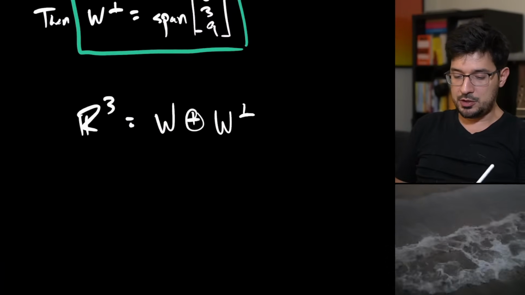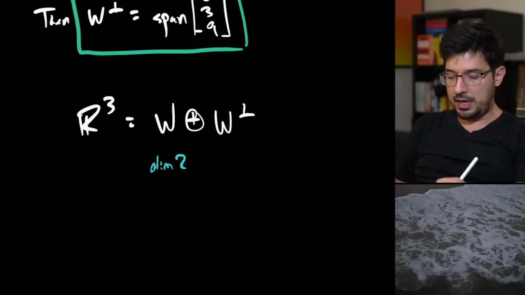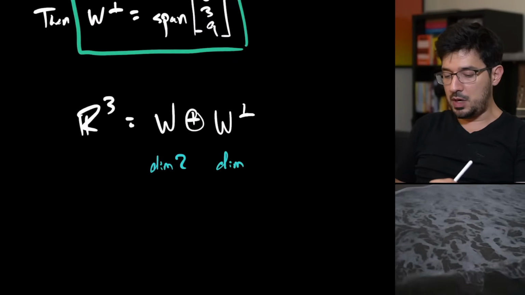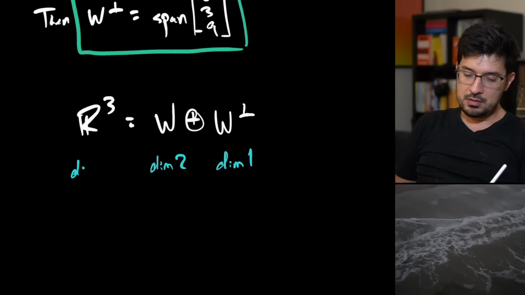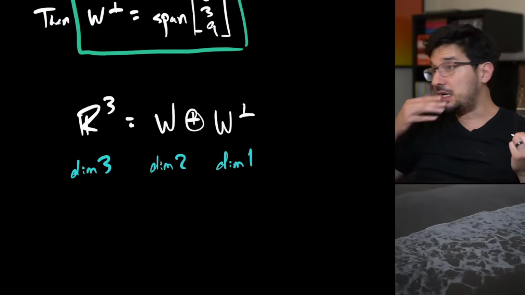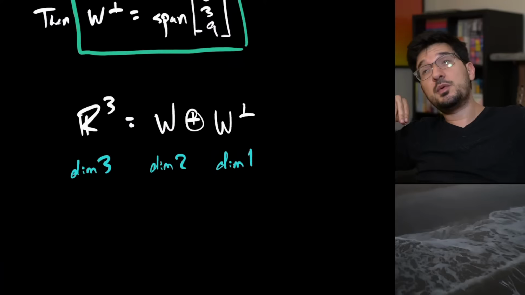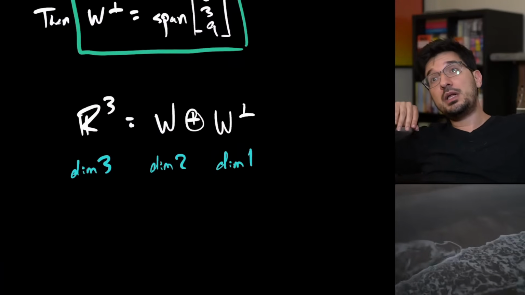W is dimension 2, and W perp is dimension 1. R3 is dimension 3, so that is lining up the way that we would expect as well.